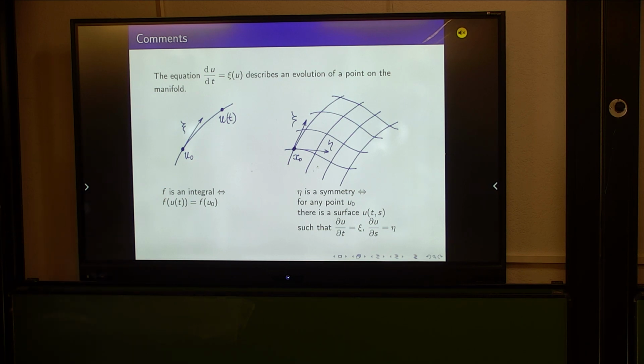So that's what everybody knows. And the symmetry fields, I would prefer the following definition. I have two fields, xi and eta, and if eta is a symmetry of xi, then I can construct a surface, not just one curve here, but a surface depending on t and s, such that the derivative with respect to t is xi and the derivative with respect to s is eta.